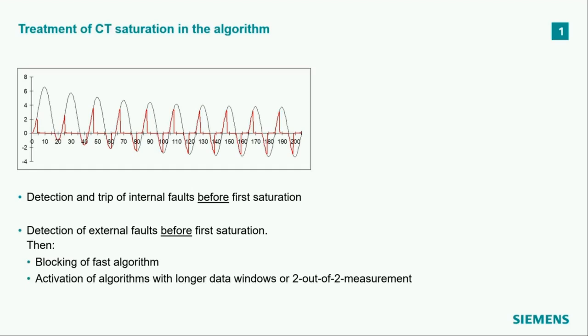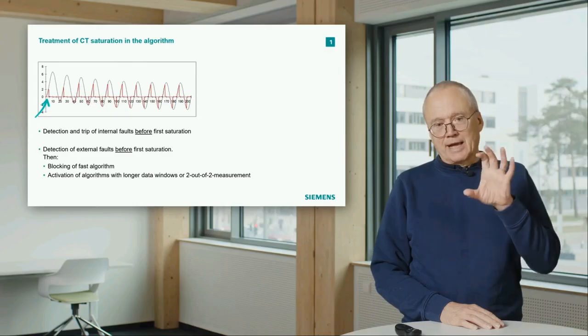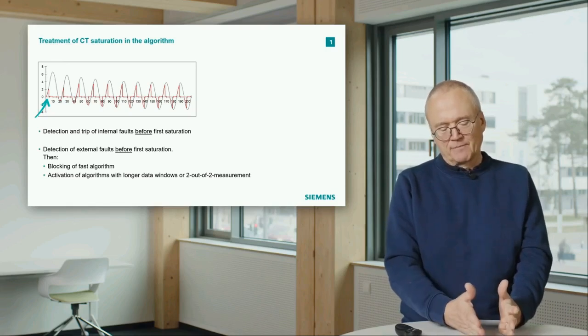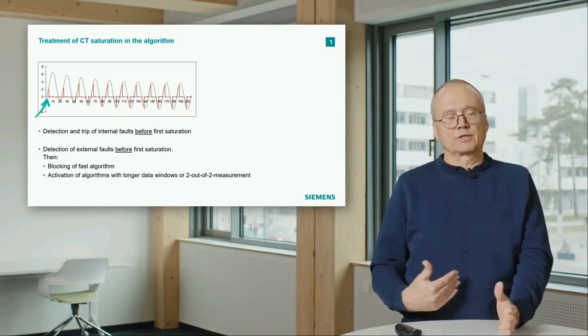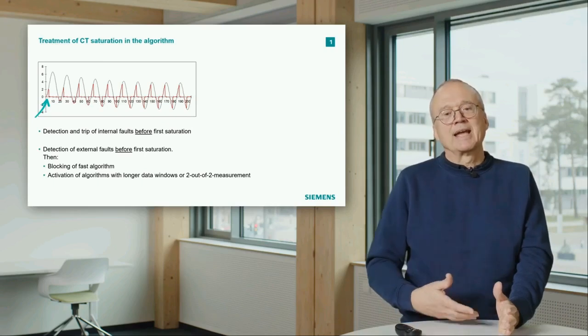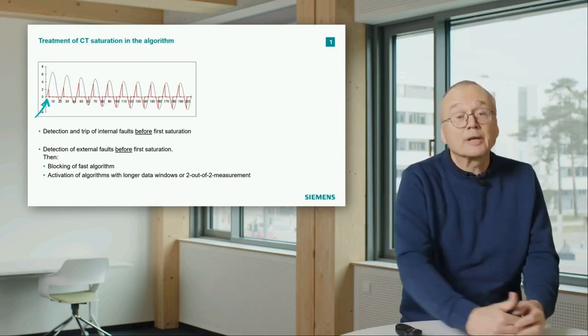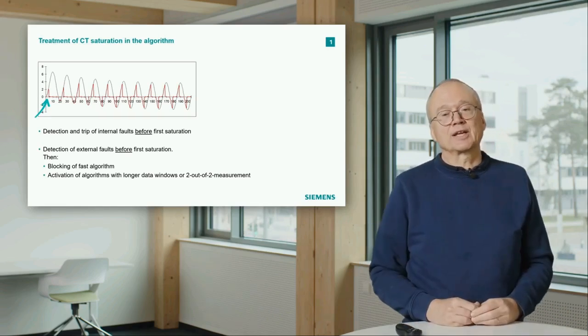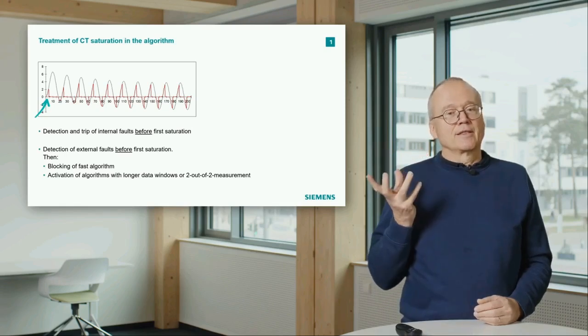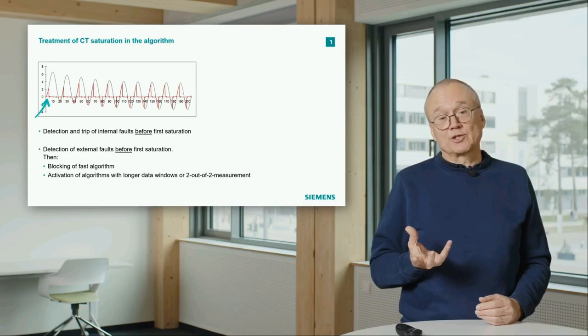That means we assume that in the first few milliseconds there is no saturation of the current transformer. That means we look at this point here, and from there we make a decision. If in the first milliseconds it looks like an external fault, differential current is 0, and then suddenly our operating point moves into the tripping characteristic, it's very likely that it is a saturation effect.